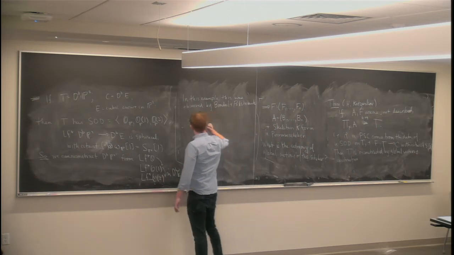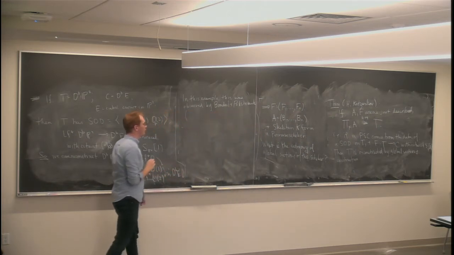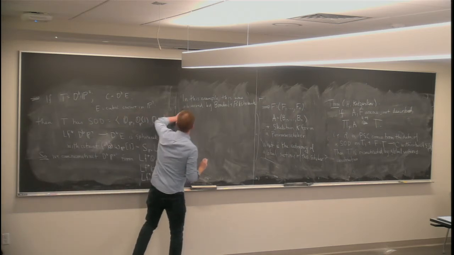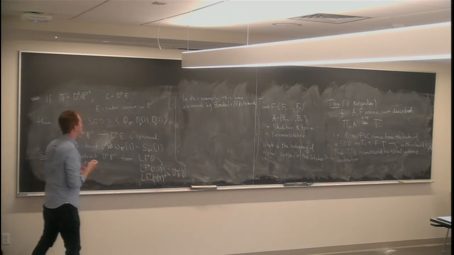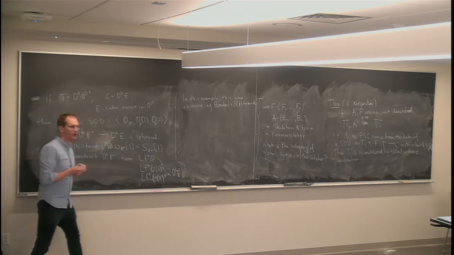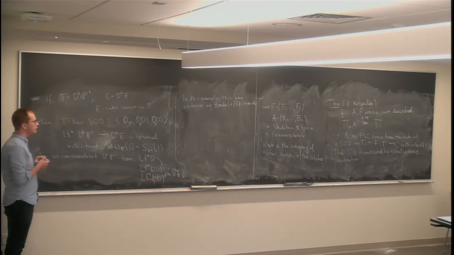I think this observation was in the early 90s, like 94 or something. I'm pretty sure this is like Polishchuk's master's thesis or something, a graduate thesis, whatever. Yeah, okay, so the point is you can reconstruct D^b of P2 from certain objects in D^b of E, where you use an elliptic curve.